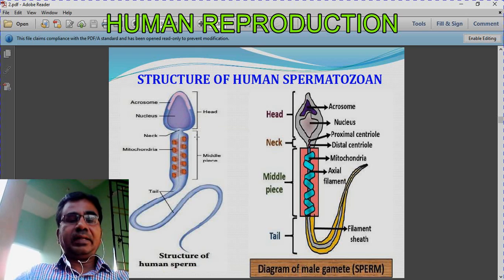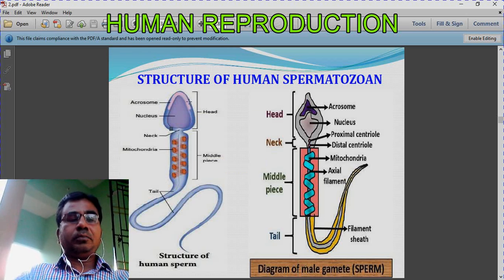In the head, there are the acrosome and nucleus, and a short neck. After that, in the middle region, mitochondria provide energy for the movement of the sperm, and at last the tail.